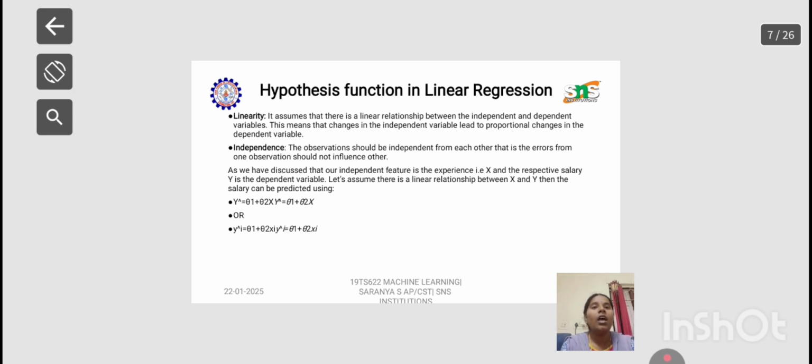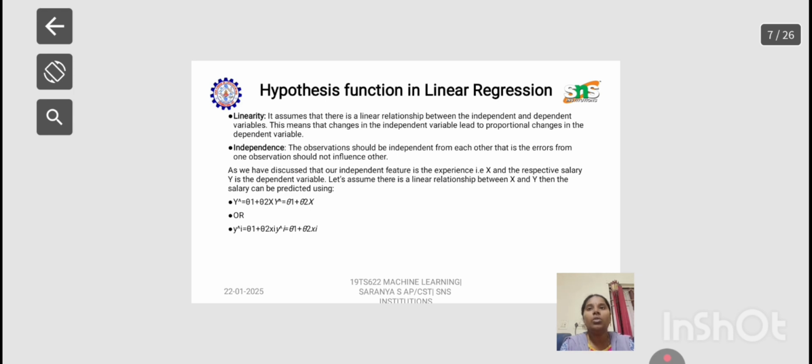It is univariate, with one input variable. Here y i cap belongs to capital Y cap, where i equals 1, 2, up to n, are the predicted values.